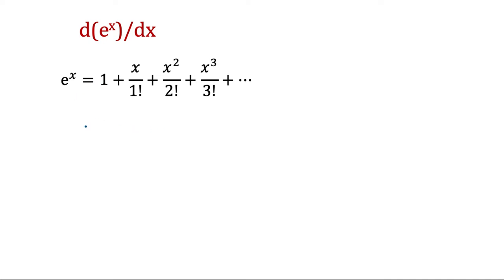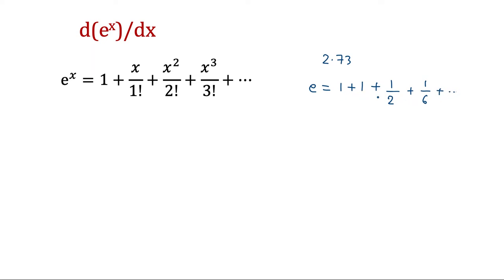And you can also derive the value of e that I have been claiming to be somewhere around 2.73. So let's put the value of x equal to 1. Then the left hand side will become e raised to the power 1, which is e, and the right hand side will be 1 plus x is 1, so it becomes 1 plus x squared, again 1, divided by 2 factorial, which is 2, plus 1 divided by 3 factorial, which is 6, and so on.